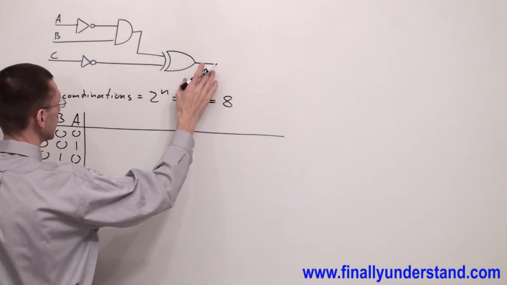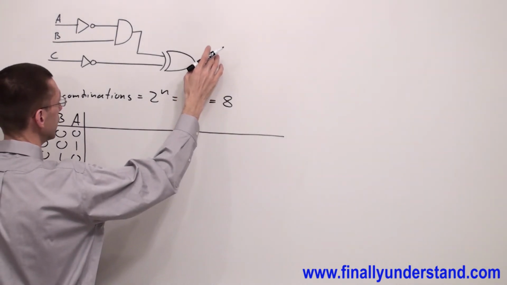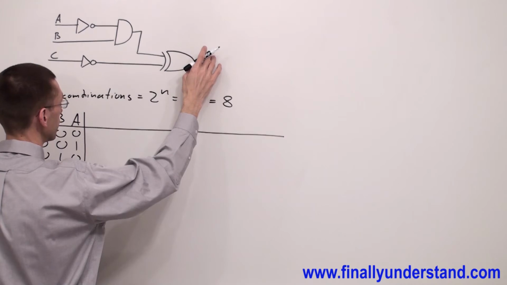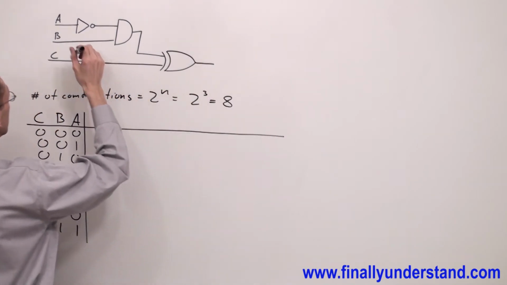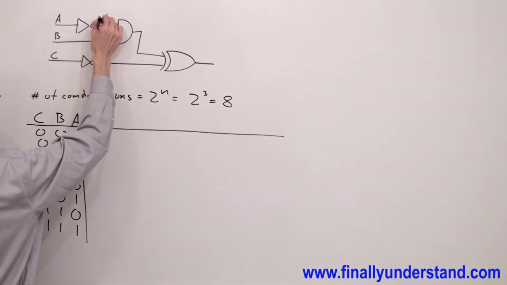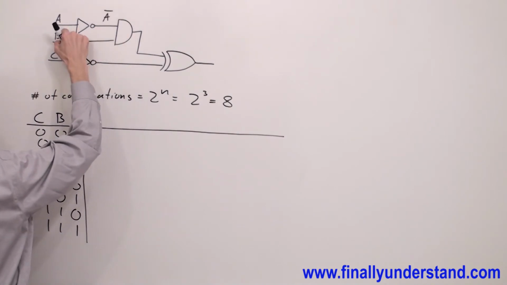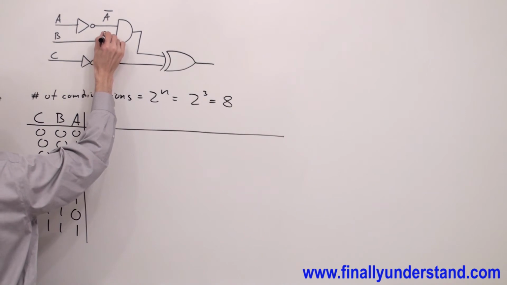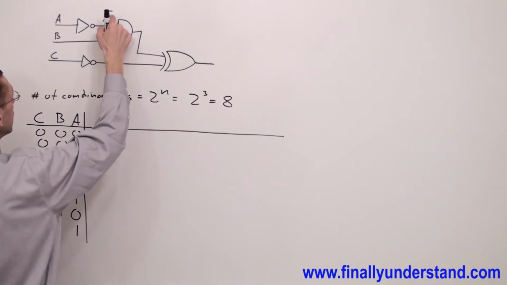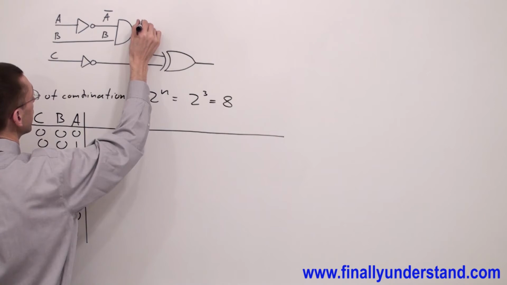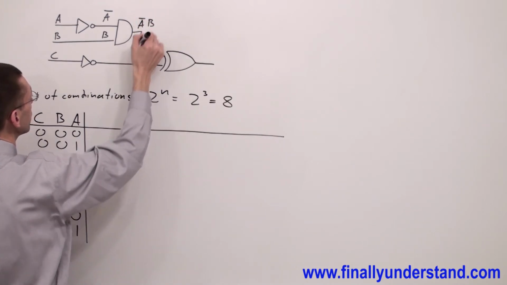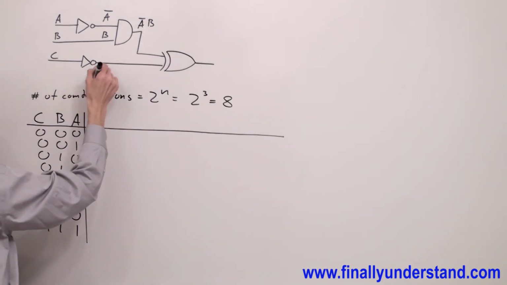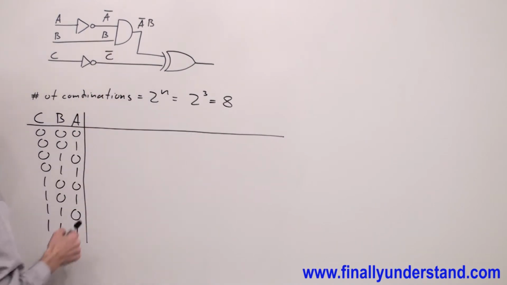Next, I'm supposed to find the output function of my circuit. I have to find the Boolean expression of my circuit. Simply, I'm going to write A naught over here, because A inverter is going to give me A naught. I'm going to have B over here. A naught and B gives me A naught B. C inverted is going to give me C naught.